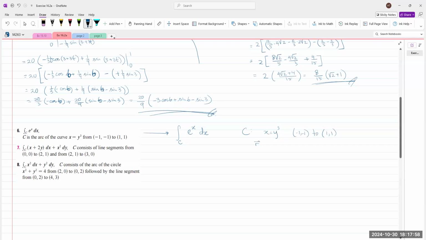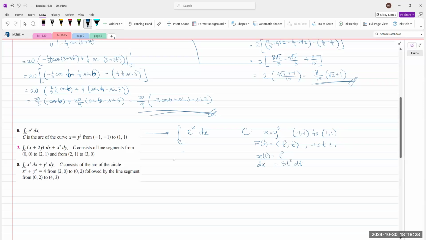If we parameterize that, then when y equals t, it will be t cubed comma t, right? With t from -1 to 1. So x as a function of t is t cubed, dx therefore is 3t squared dt. Notice we only need the x, right?